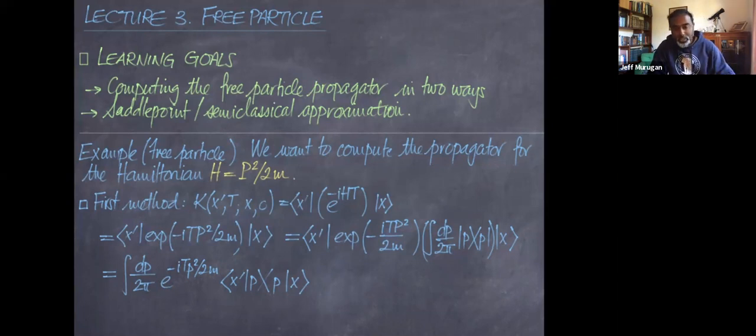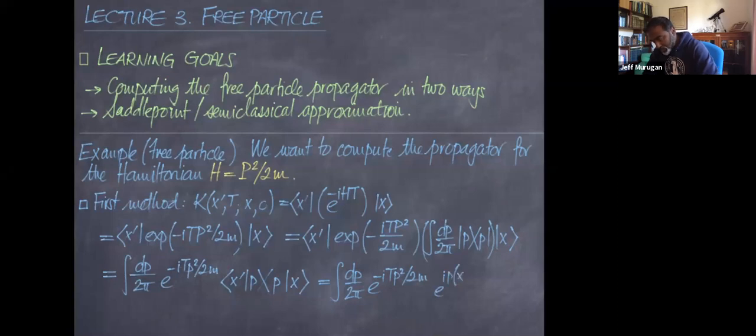And so that's just a complex exponential, which is then the integral over momenta with this normalization, e to the minus i t p squared over 2m times e to the i p (x prime minus x).